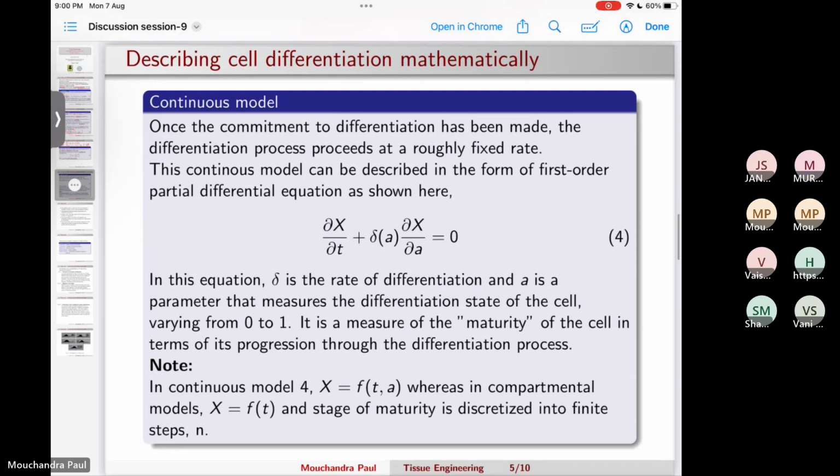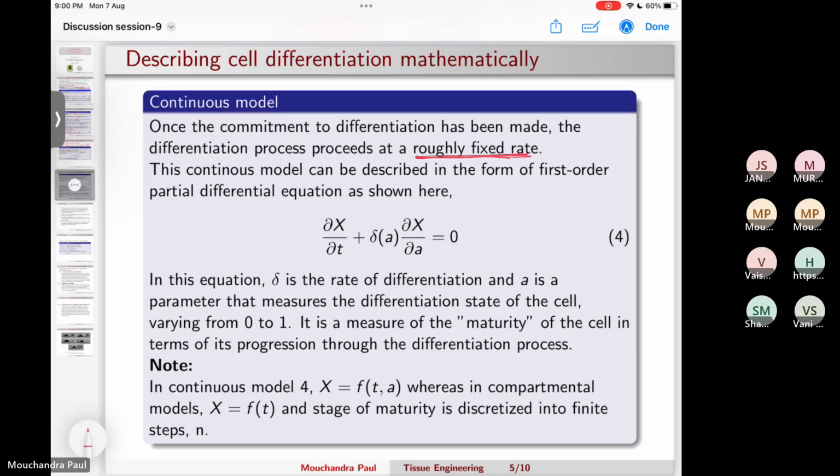Now we'll move on to the next model that is used for describing the process of differentiation. Now this is a continuous model. This model assumes that once the cells have committed to undergo differentiation, the process pretty much proceeds at a fixed rate. So in the previous model, for cells to move from one stage to another, there is some rate associated with it.